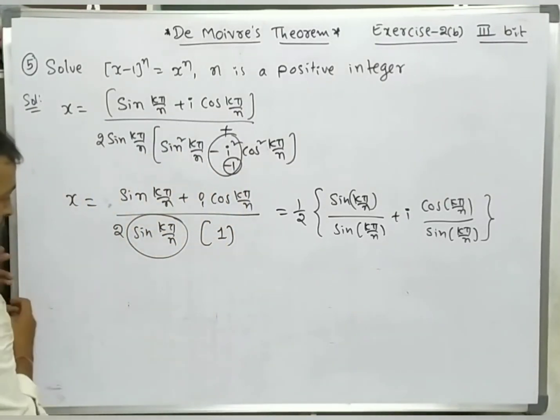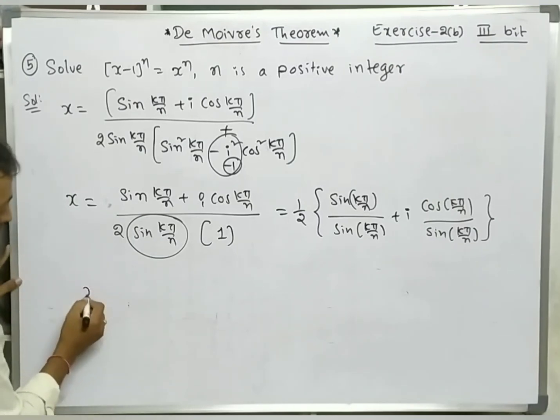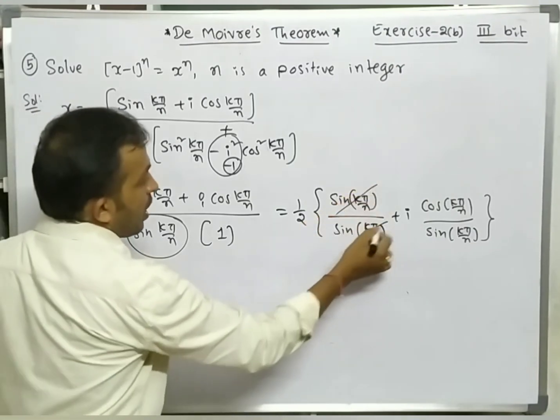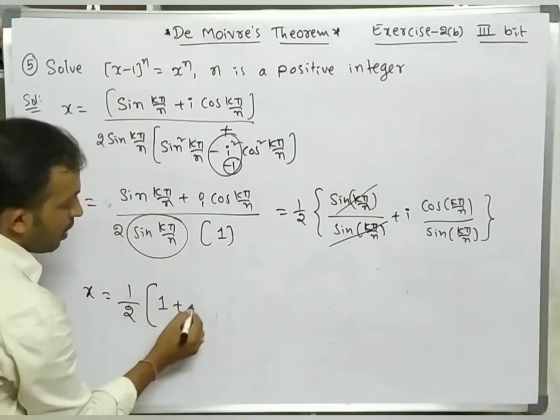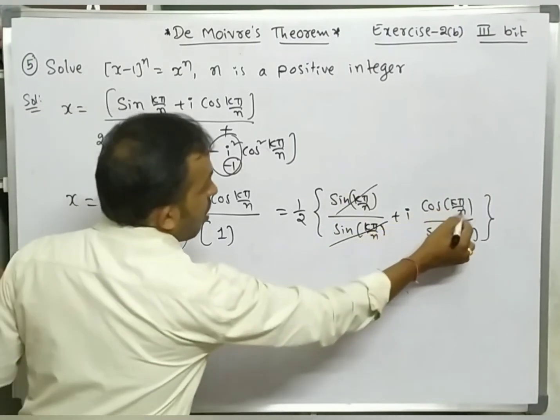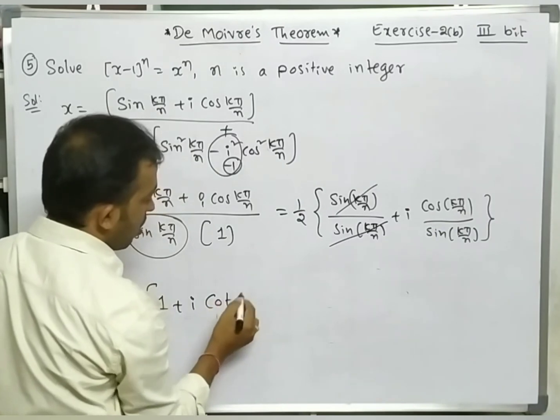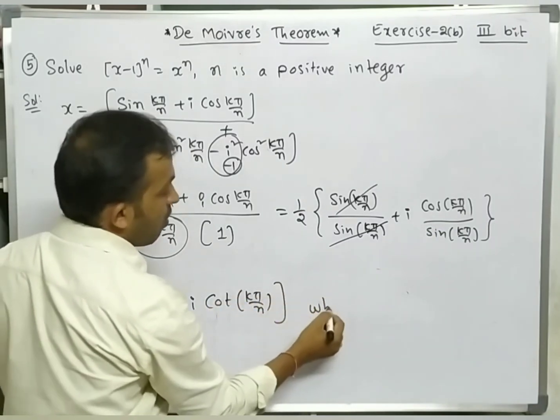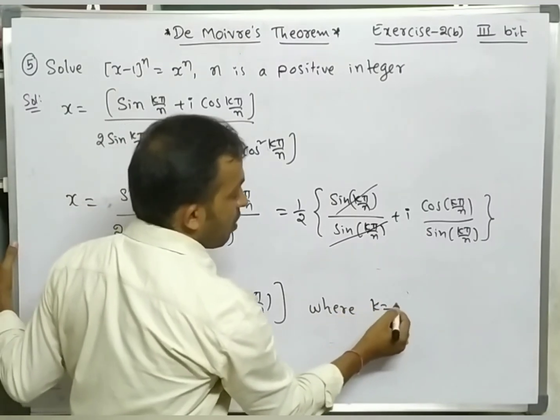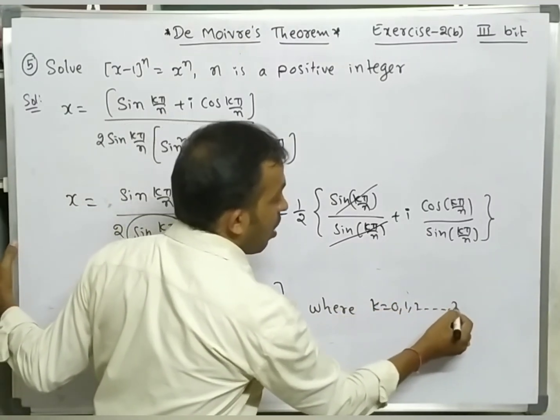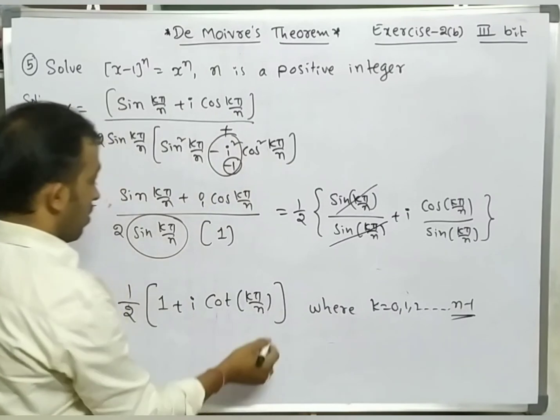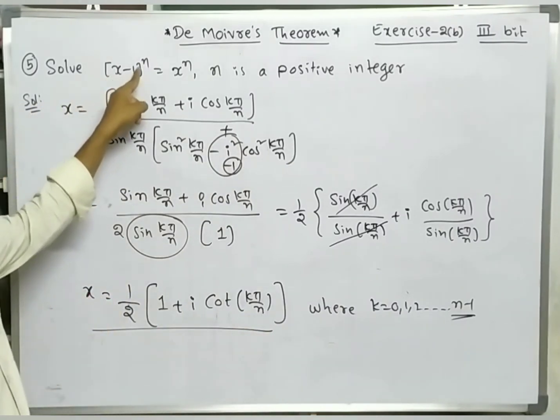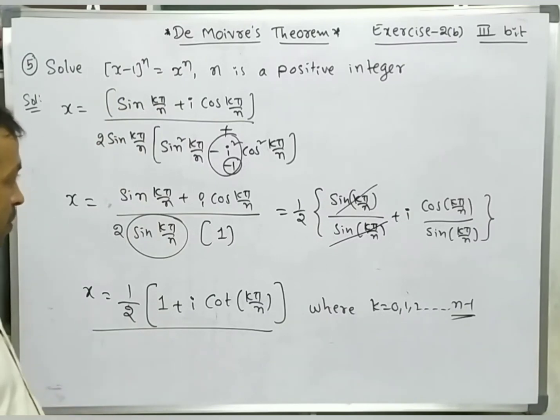Now finally x is equal to what? 1 by 2 into, these two get cancelled, that is 1 plus i into cos by sin, which is cot k pi by n, where k runs from 0, 1, 2, and so on up to n minus 1. So this is the solution of the given equation x minus 1 whole power n is equal to x power n.